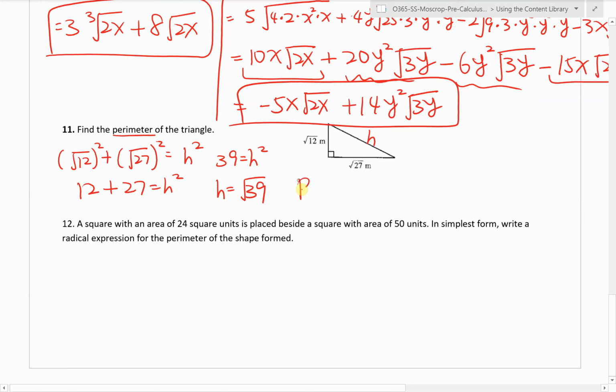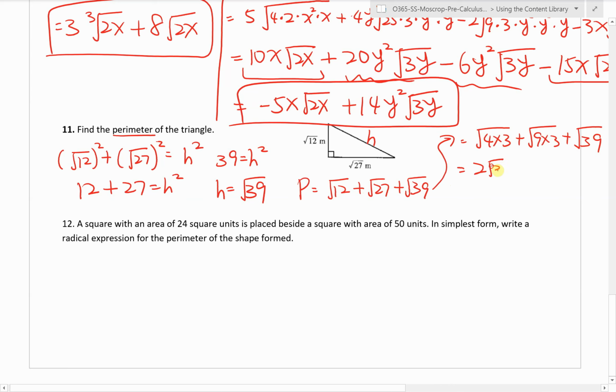To find the perimeter, you simply add them together. So root 12 plus root 27 plus root 39. You always simplify, okay? So root 12 equals square root of 4 times 3. 27 is 9 times 3. 39, there is no perfect square factor, so we just leave it as root 39.